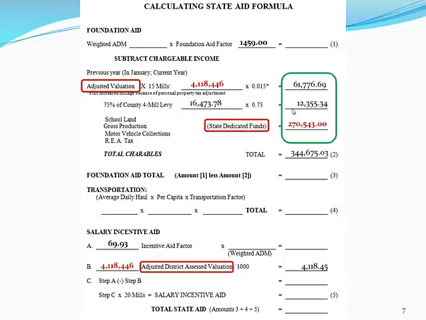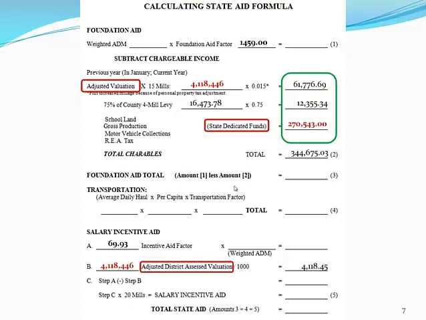So what we're going to do now to get the total for line 2 is we're just going to add all this together, and we come out with $344,600. And what this means is this is how much money the district is making on its own through property taxes and state dedicated funds.